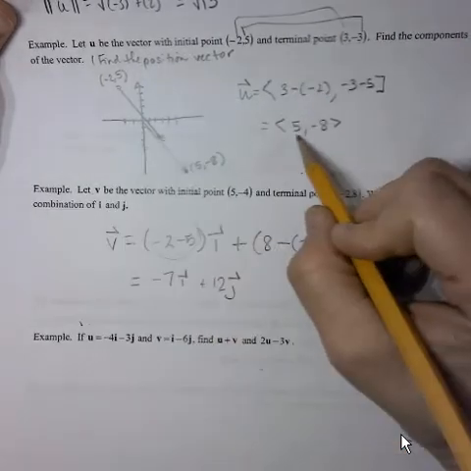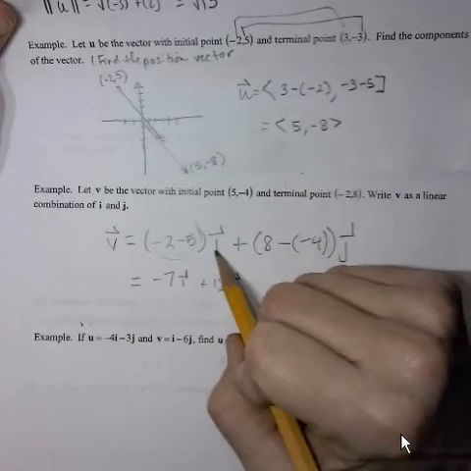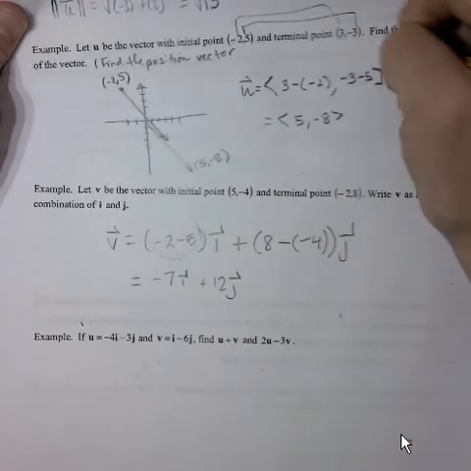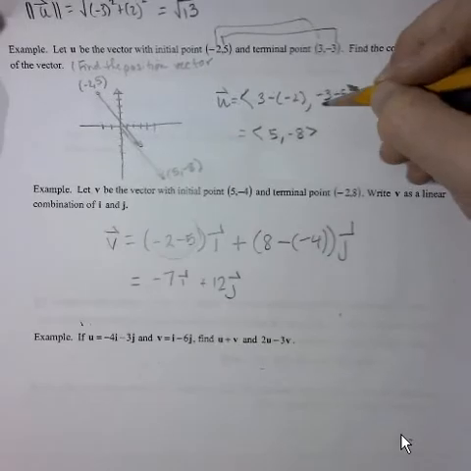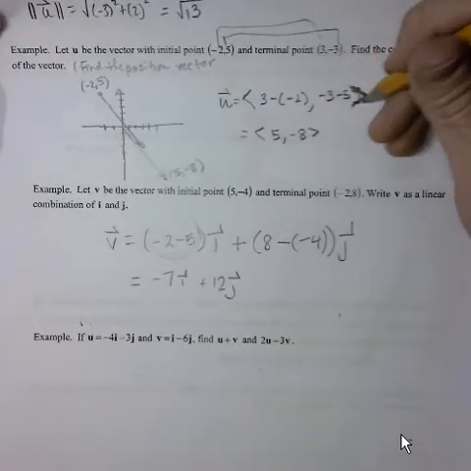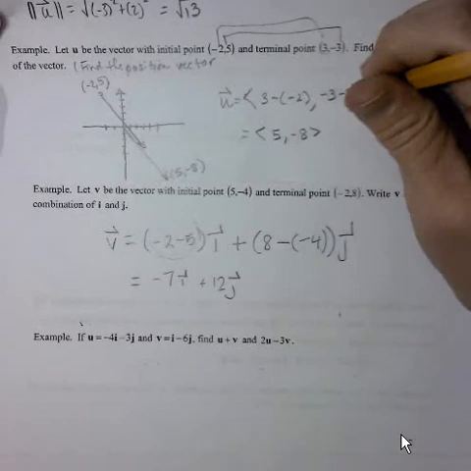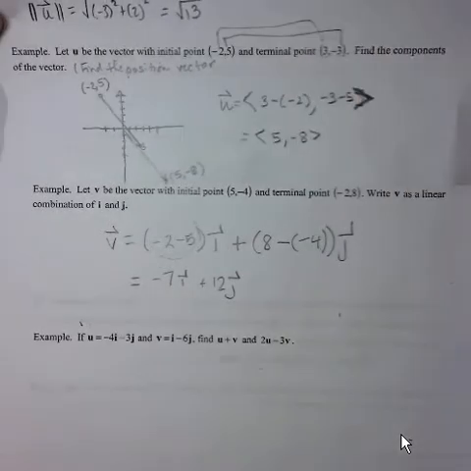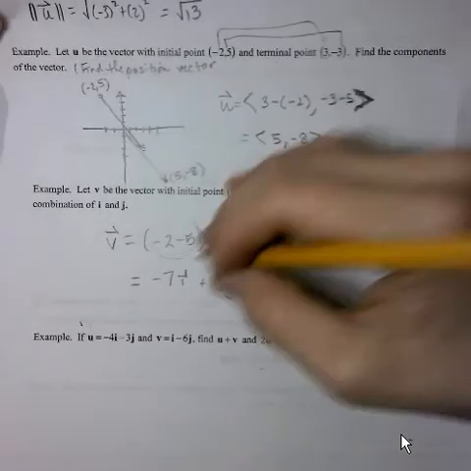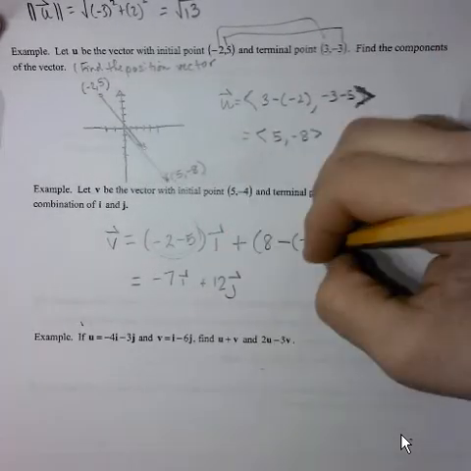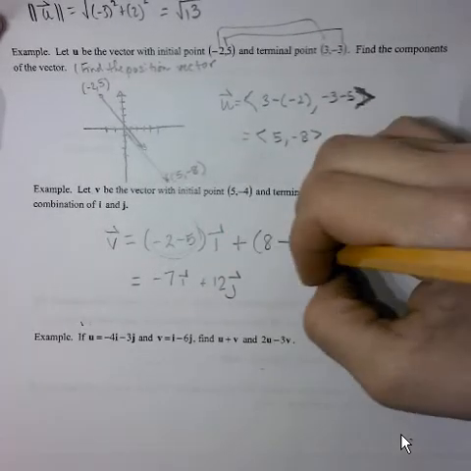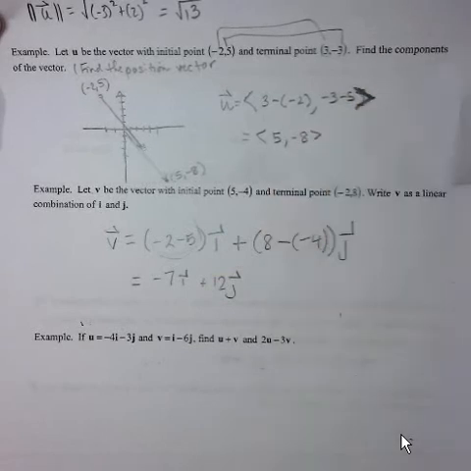And then this, oh, there I did it again, I just want to use interval notation. I like ij notation better, because, well, since I have this problem today, that would be one reason, but I don't know, I just prefer it. Okay, so then this here would go in front of j. So basically the same problem, just using a different notation.